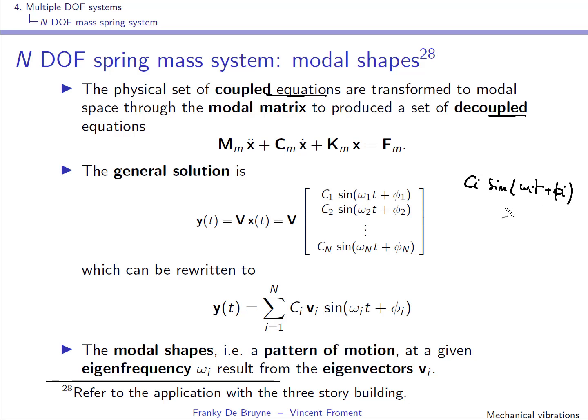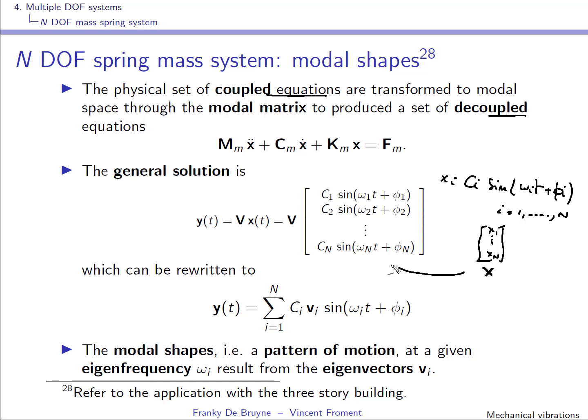So for each, and this you have for i equals 1 to n, right? If you stack them in a vector, this is what you obtain, and we'll call this vector x.